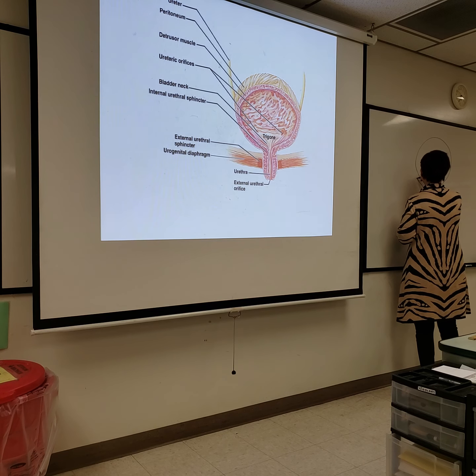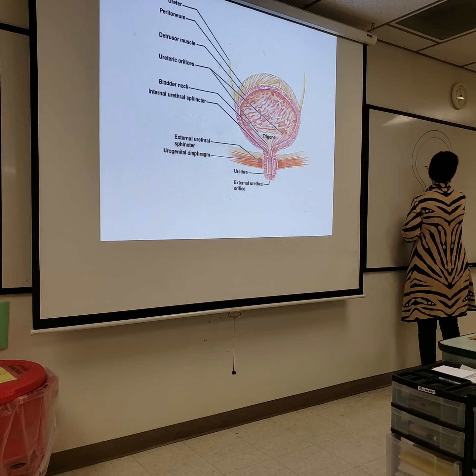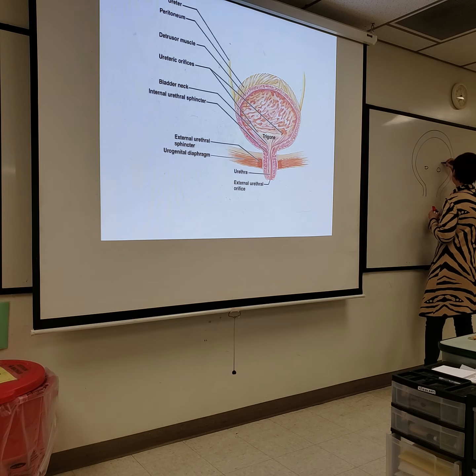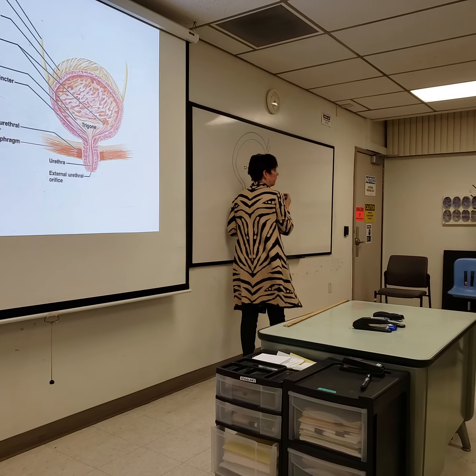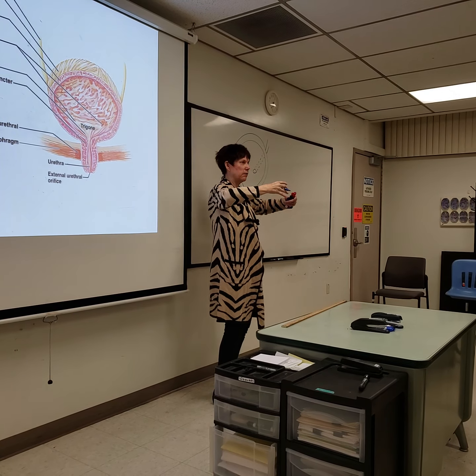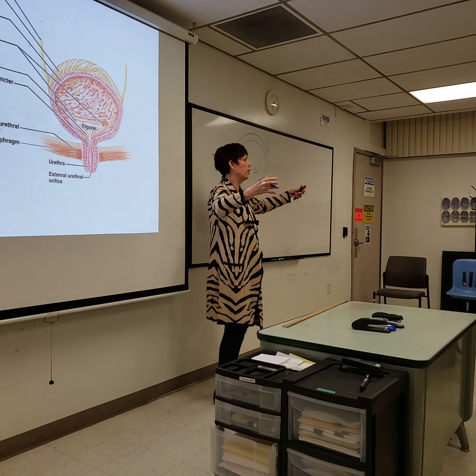So let me get a urinary bladder muscle up here. And the openings for the ureters run at an angle that forms a natural valve. So as the bladder fills and stretches out, that functions to close off the ureter so it doesn't overstretch.